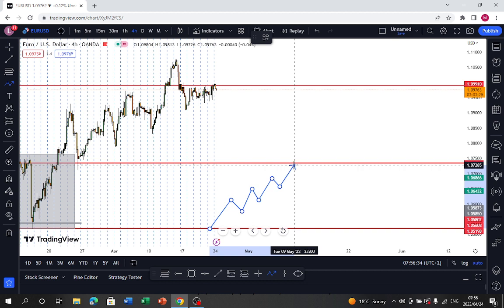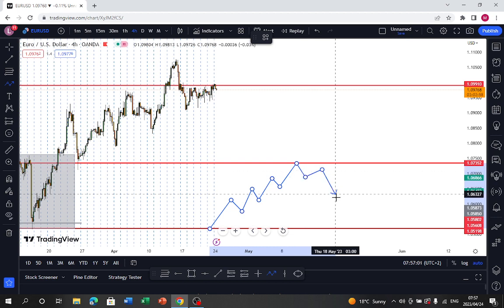Except when these red lines are a monthly support and a monthly resistance. But since they are a daily support and resistance, we're gonna see this clear uptrend on a lower time frame like the H4 or the H1, even lower, right? So I prefer that you stick to H1 and H4, right?